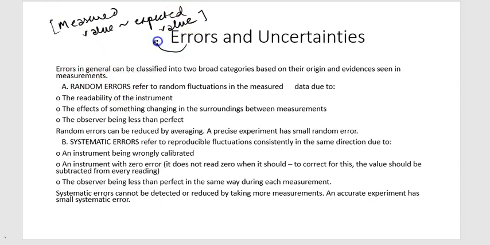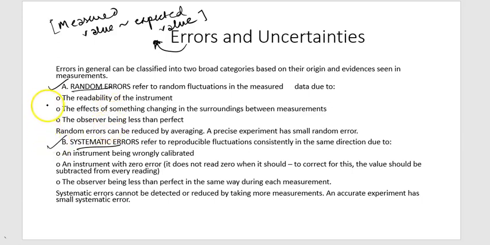So that's what errors are. Now here we have two broad categories of errors that we generally encounter: the random error and the systematic one. Now random errors are errors that really cannot be eradicated completely.